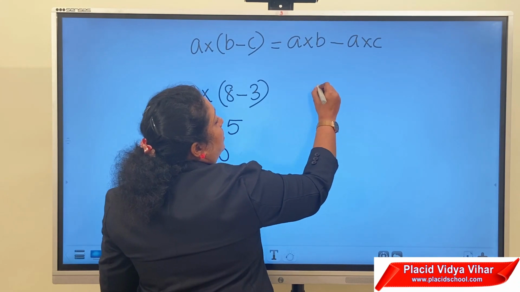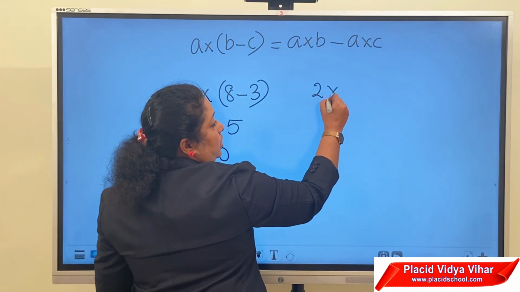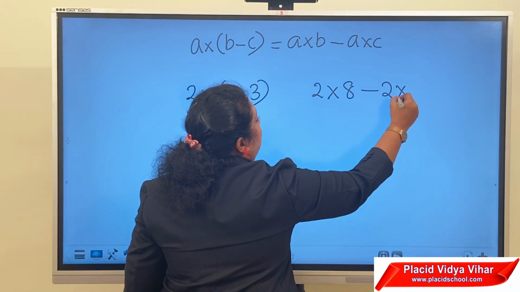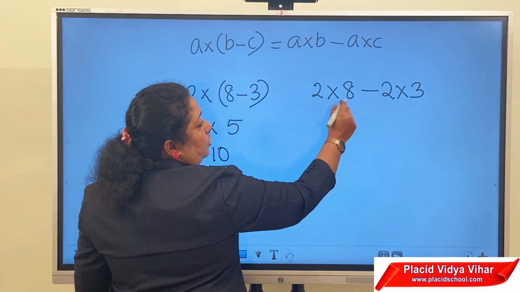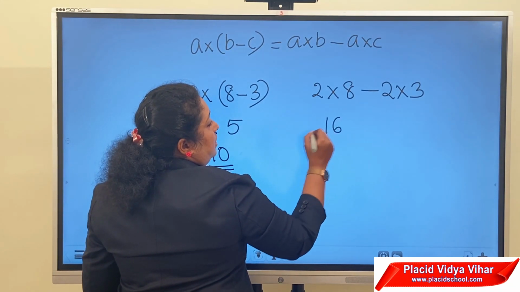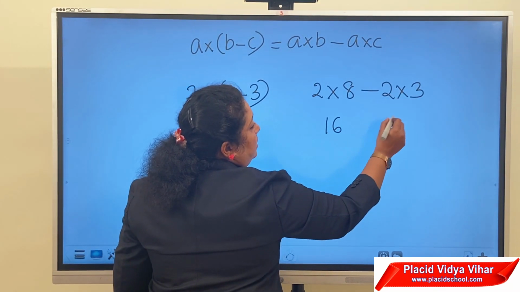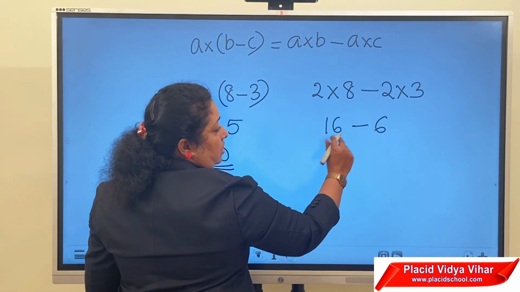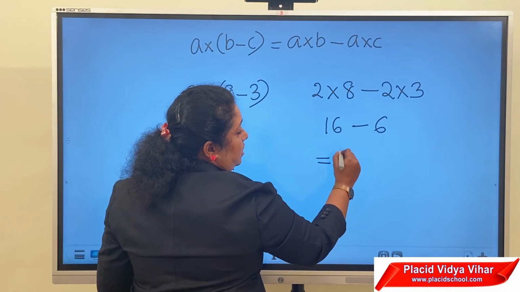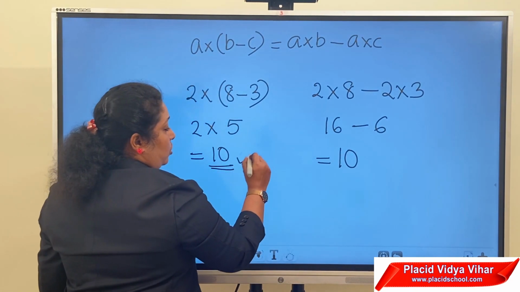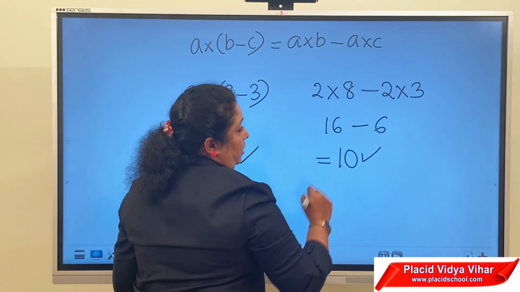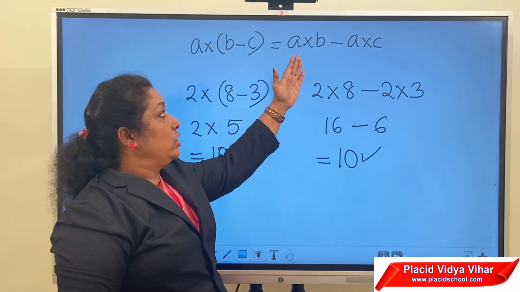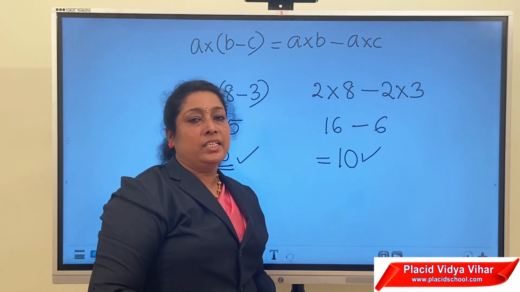In this case, it becomes 2 into 8 minus 2 into 3. 2 into 8 is 16 and 2 into 3 is 6. Here the negative sign, minus 6. 16 minus 6, the answer is 10. Here also 10, here also 10. So, a into (b minus c) is equal to a into b minus a into c.